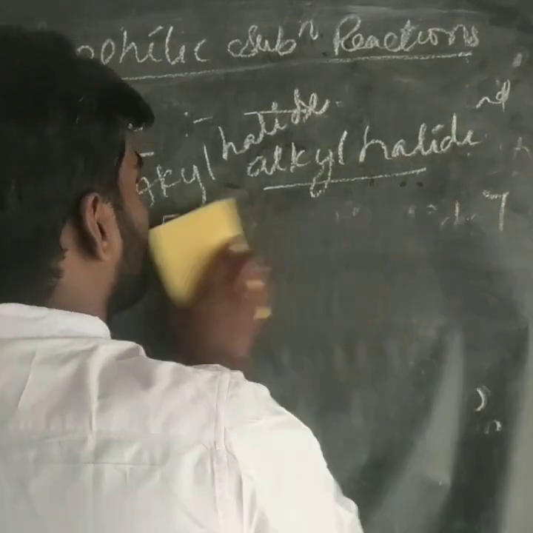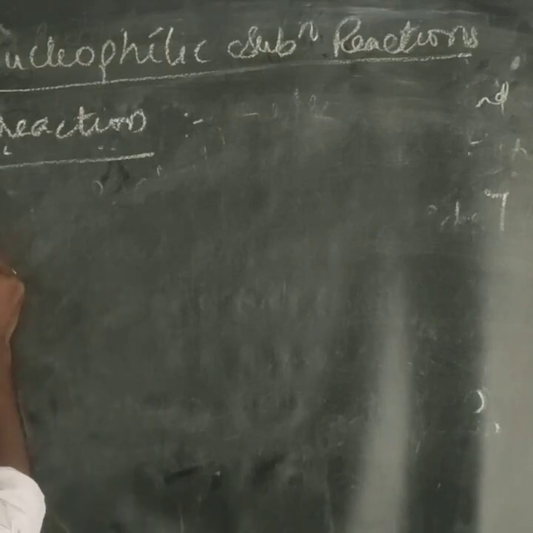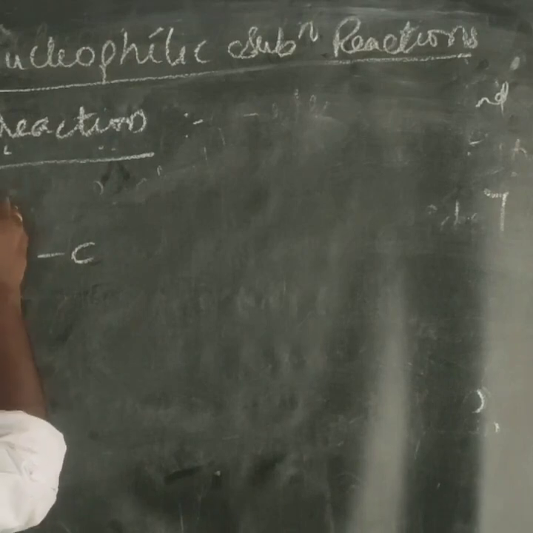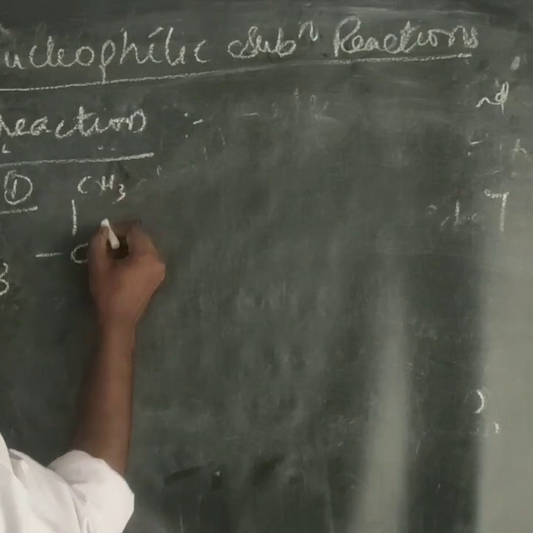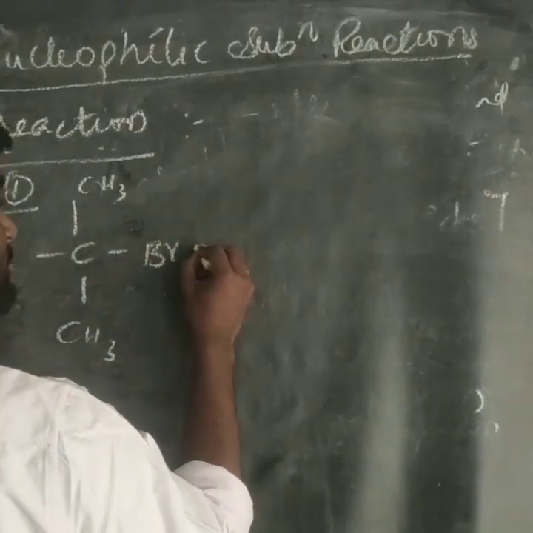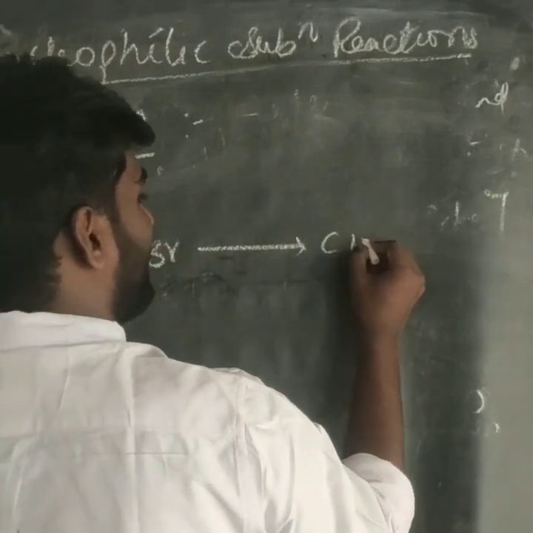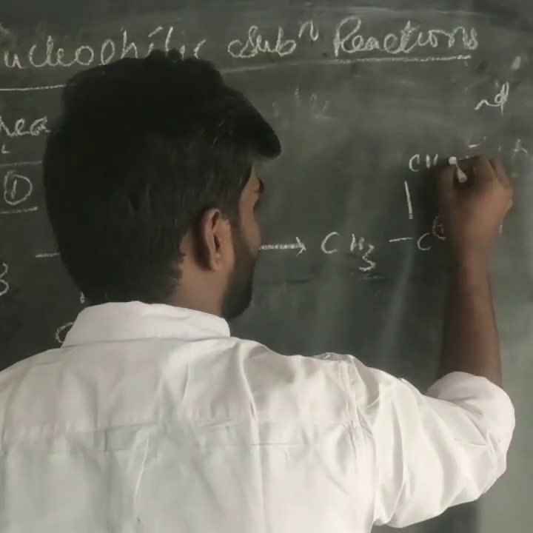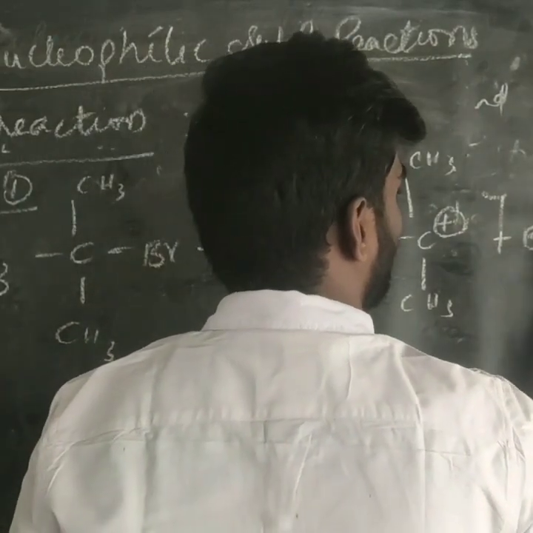So what does the two-step mechanism mean? This is step 1: (CH3)3C-Br gives rise to (CH3)3C+ plus Br minus.